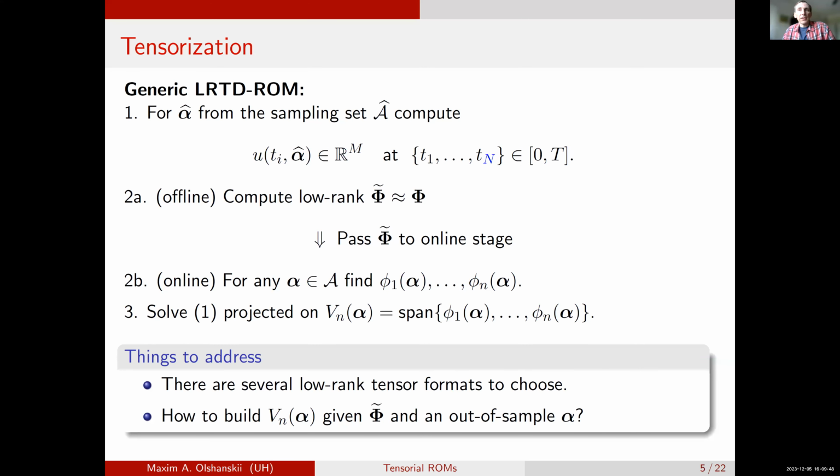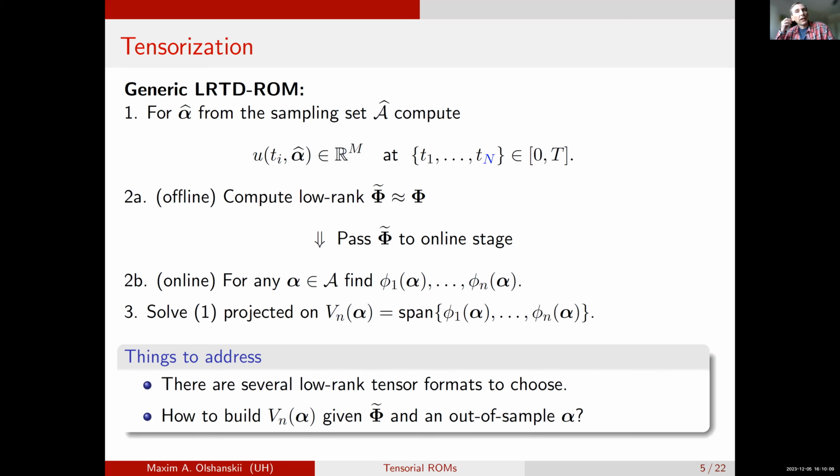So things to address are at least the following. Which of the low rank tensor formats we want to use. Tensor rank is an ambiguous thing, so there are several of them.